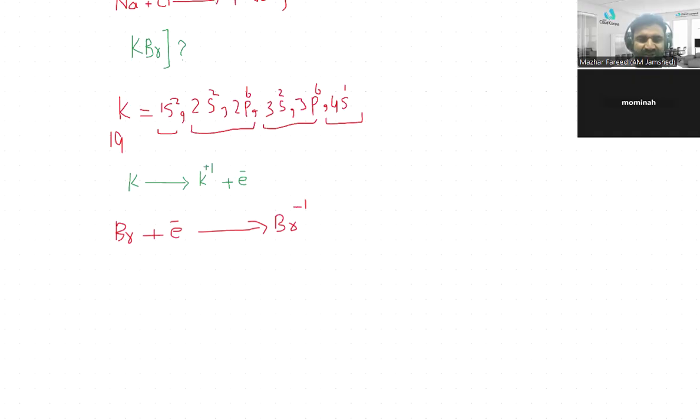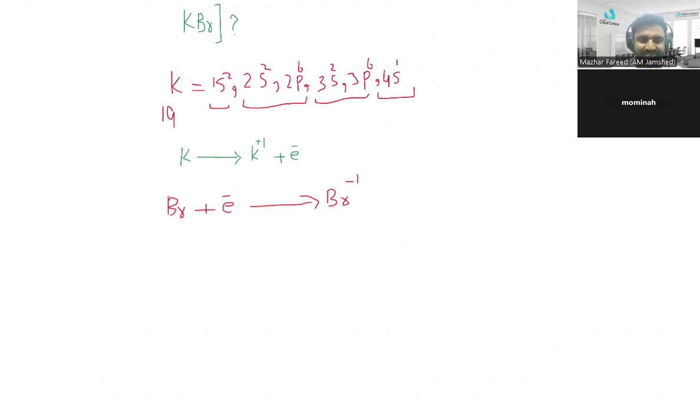Then you can write the overall equation: potassium ion and bromide ion. Then it becomes KBr, potassium bromide.